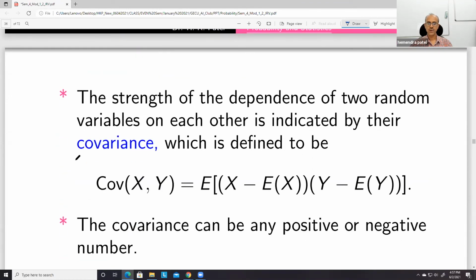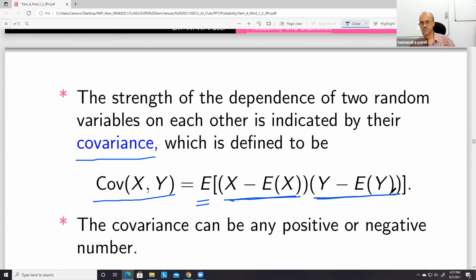So now we have covariance. The covariance of xy, denoted by COV, is defined by E of (x minus Ex) into (y minus Ey).